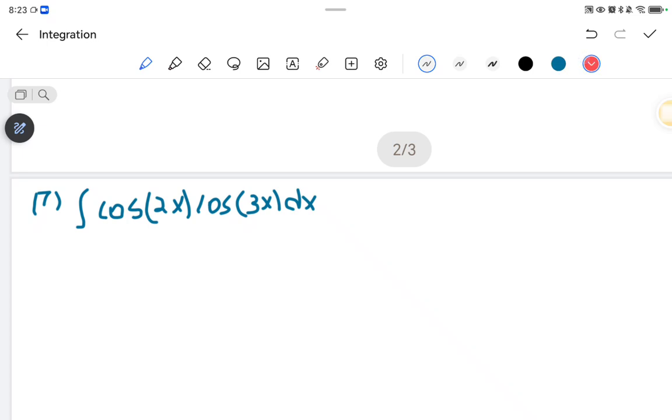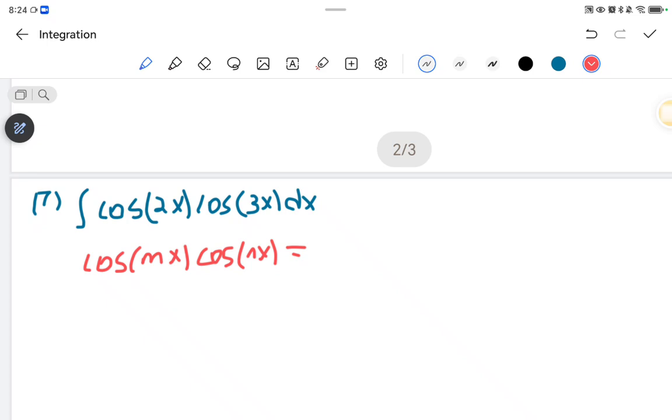So we know the function of this one is as follows. We know that cos of mx cos of nx will be equal to, it's the same as the previous one, right? The difference is that this one we're gonna change the sign and write the cos.